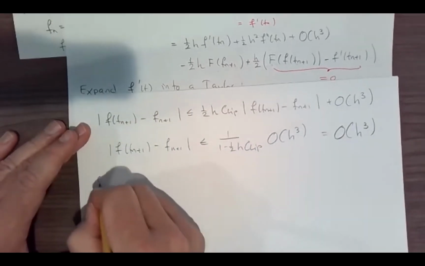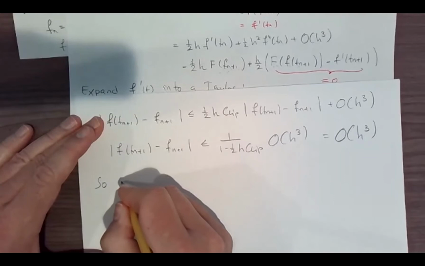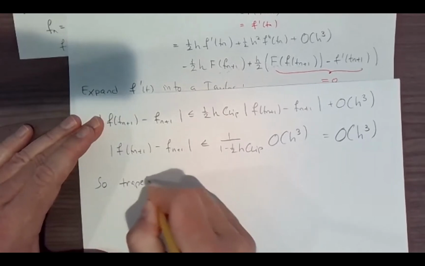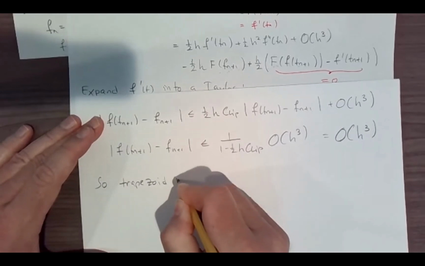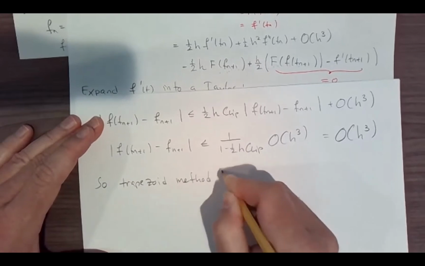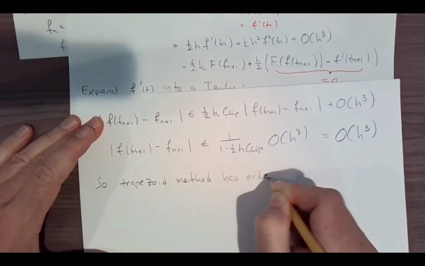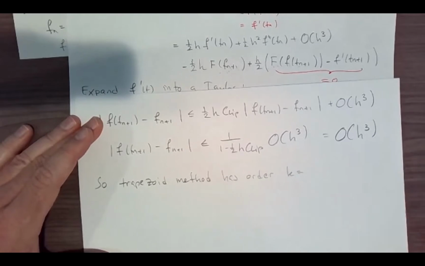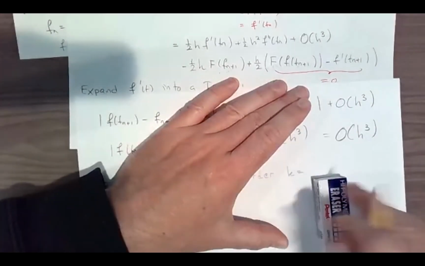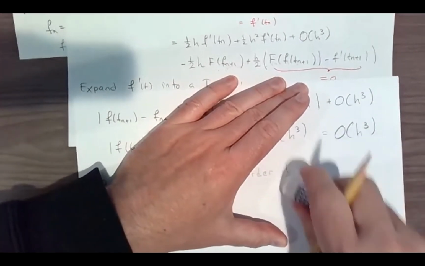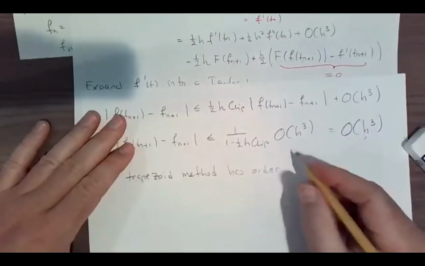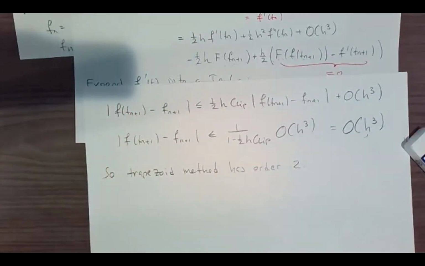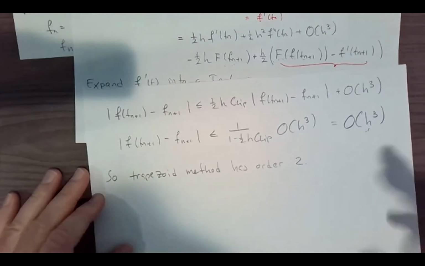Right, so the trapezoid method has order 2. And that's different.